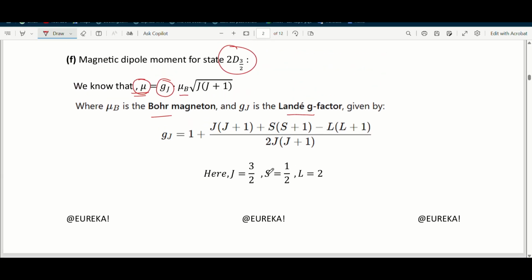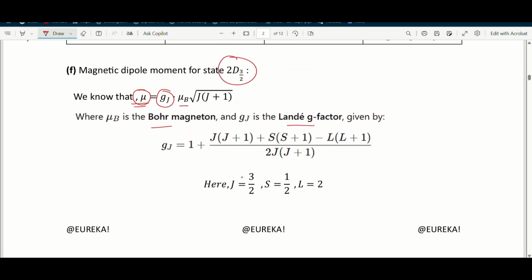We have to find the value of mu here. The Lande factor is defined as 1 plus j into j plus 1 plus s into s plus 1 minus l into l plus 1, divided by twice j into j plus 1. Here l is 2, j is 3 by 2, and s is half.